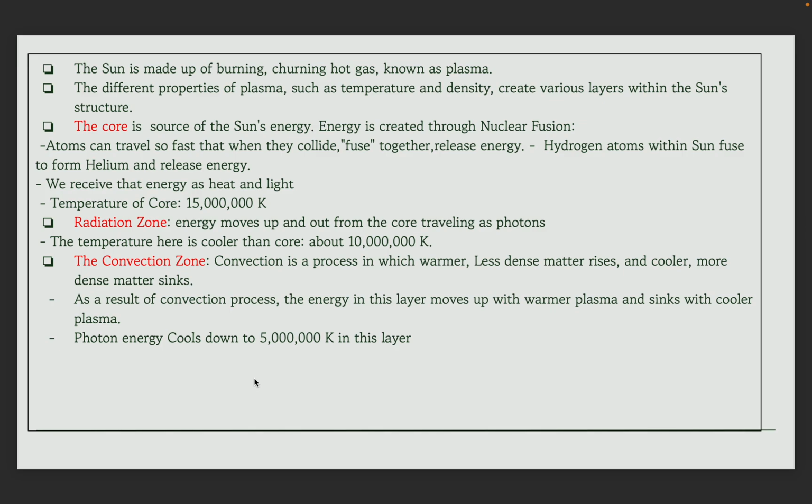After the radiation zone, the portion of the sun is called the convection zone. Here the convection process happens, where the energy generated from the core moves up with the warmer plasma and sinks with the cooler plasma. Here the photon energy cools down to about 5 into 10 to the power 6 Kelvin in this layer.